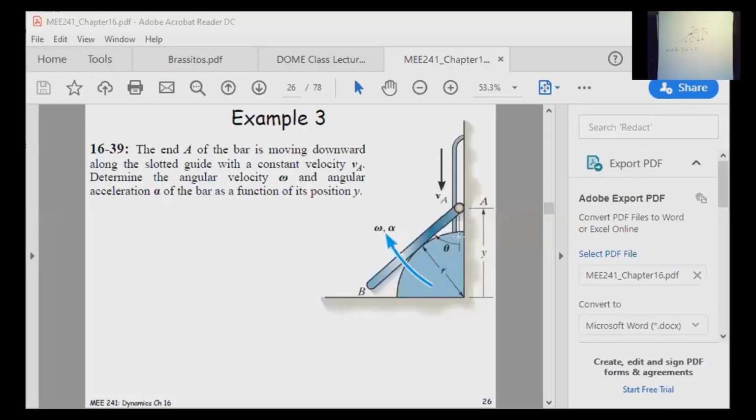So y multiplied by sine theta is equal to r. We can use that relationship to develop this further. Now if I differentiate the left and the right side, I should be able to get theta prime as a function of y prime.